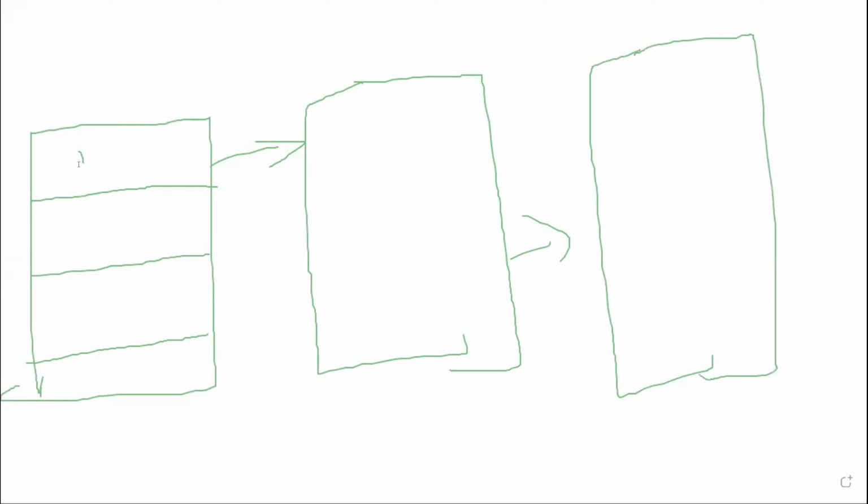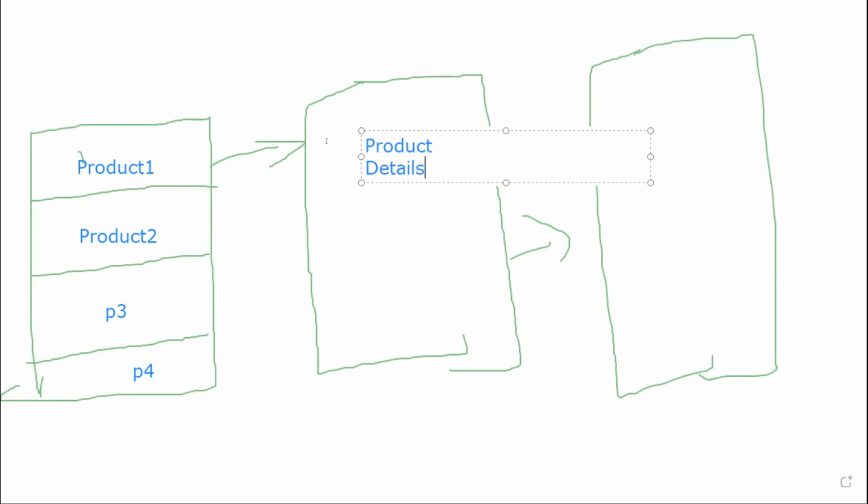So this is the first product, product 1, product 2, product 3, product 4. This is our product details, same like this.